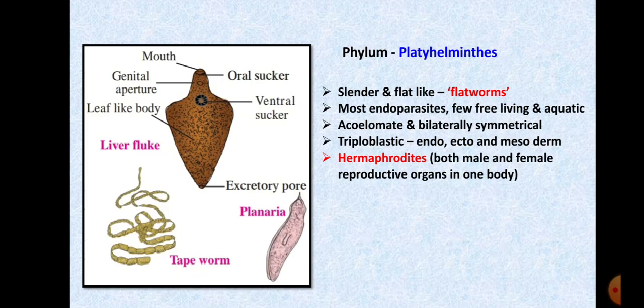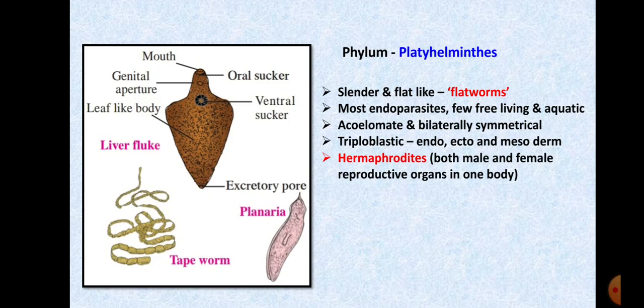These animals are hermaphrodites. What do you understand by hermaphrodite? Both the male and female reproductive organs are present in the same animal body. You will not find separate male planaria, female planaria, male tapeworm, female tapeworm. Both the male and female reproductive systems you will find in that one particular animal body only.